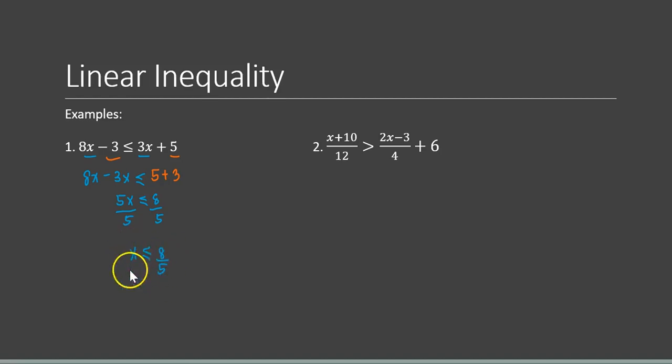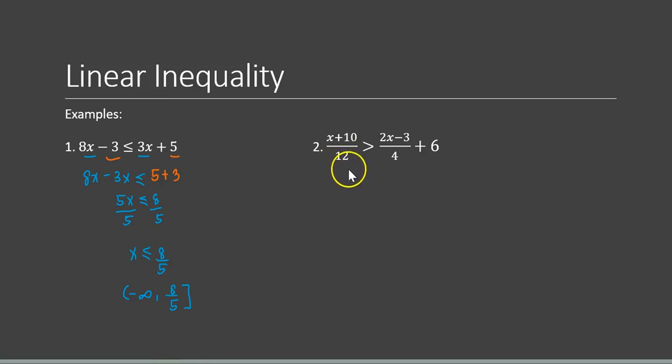So you can write your final answer in this inequality notation, or if we use the interval notation, x is less than or equal to 8 over 5. So it's from negative infinity up to 8 over 5. Since we have an equality here, we're going to use the bracket.